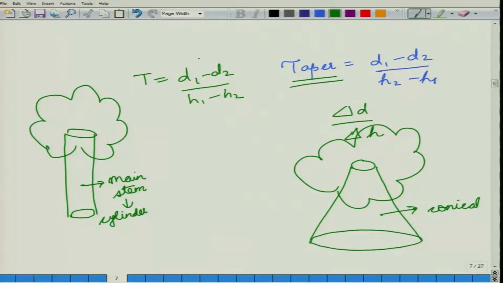However, we also note that if we expressed d in meters and h in meters, then what is the unit of taper? Taper would be meter upon meter. So, it will become a dimensionless quantity. So, taper is a dimensionless quantity.